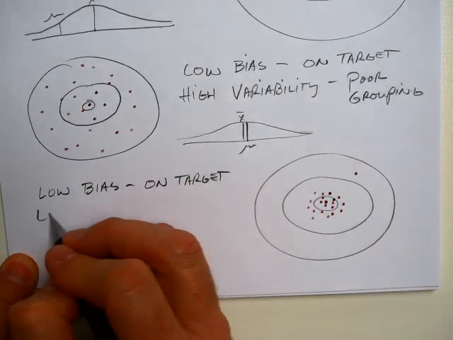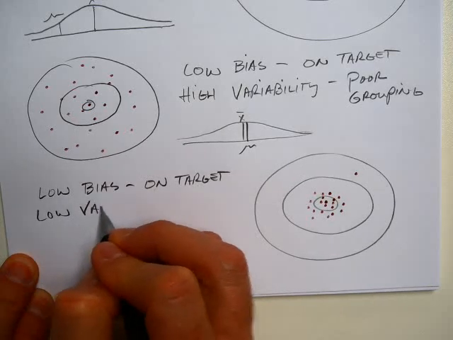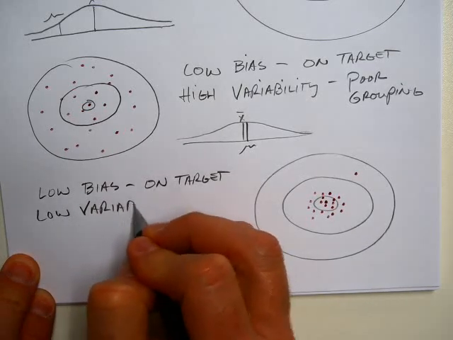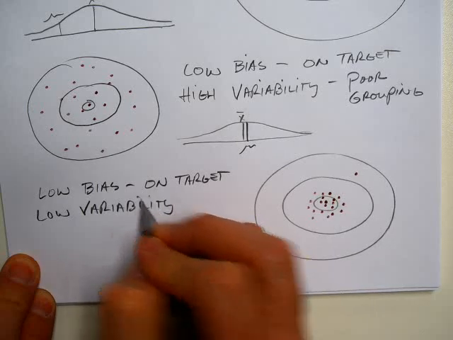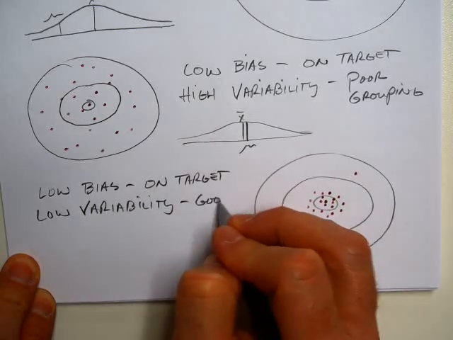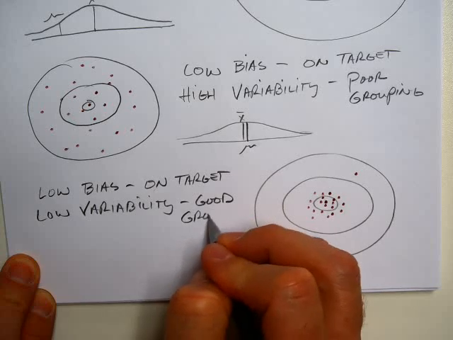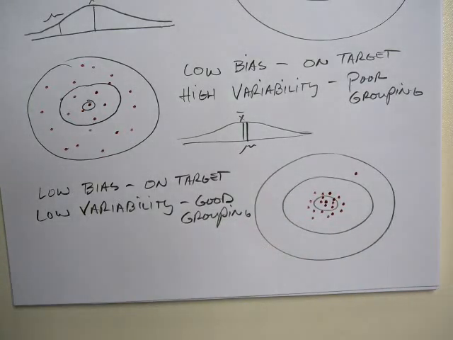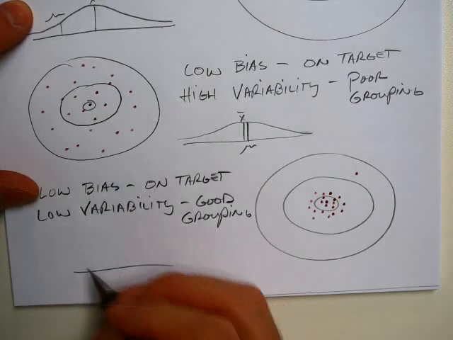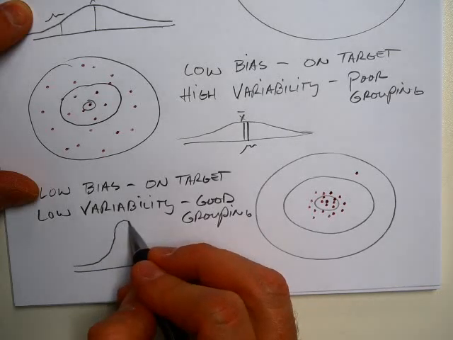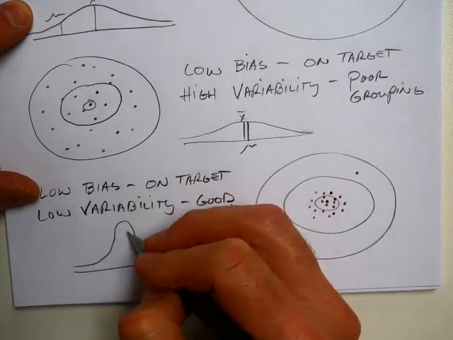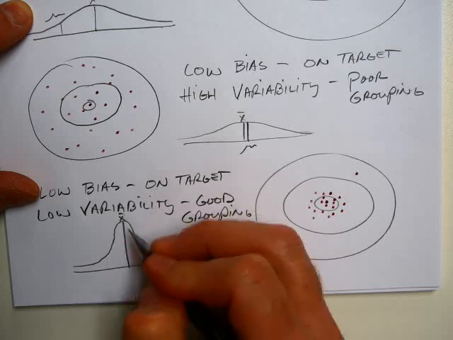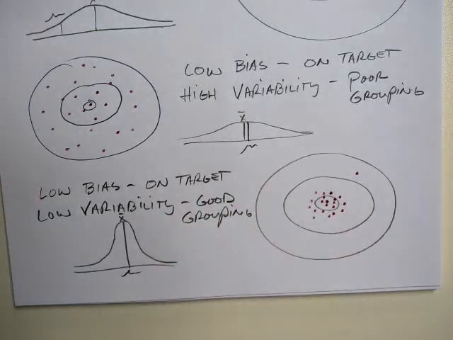And low variability. Good grouping. We might have an outlier. That's just the reality of statistics. But this would be a situation where our curve is nice and tall, and our x-bar and our mu are pretty much the same thing. Okay? And this is what we're looking for.